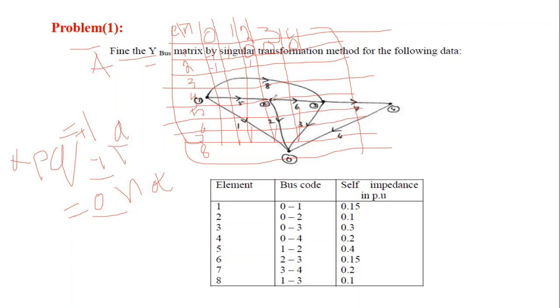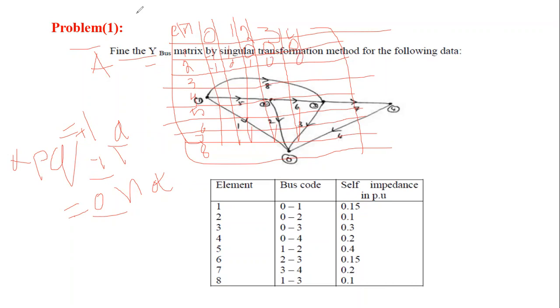Element 2 is away from node 2, so we consider it as +1. The remaining nodes are not incident, so they are considered as 0, 0.